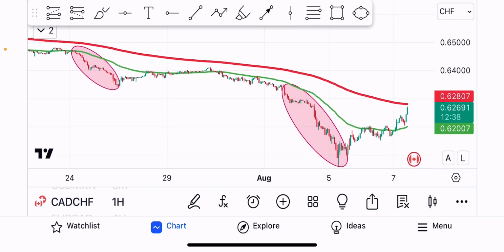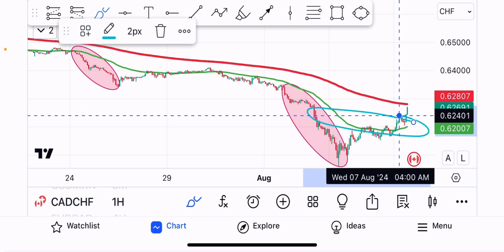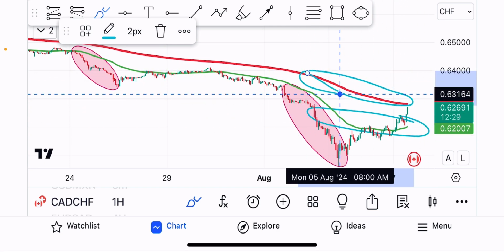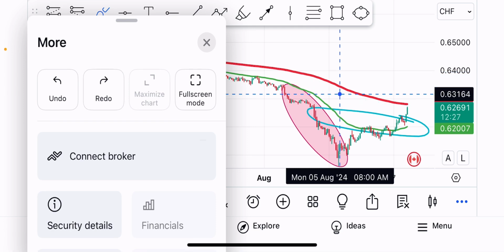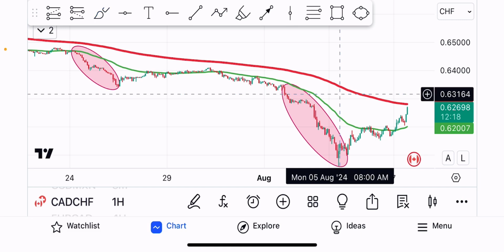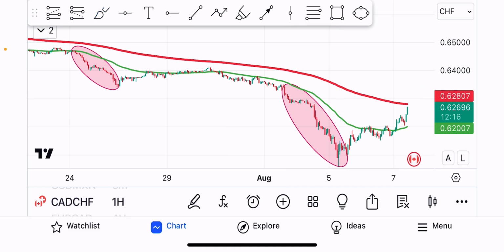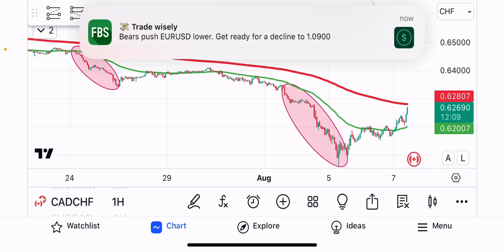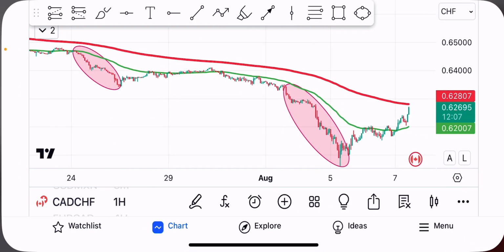By the way, I have two moving averages here. The green one is the 50 EMA, which is this particular one, and the thicker red one is the 200 EMA. Now I don't use these indicators to make a trading decision. What I mean by using an indicator to make a trading decision is like saying once price touches the 50 EMA, I sell, once price touches the 200 EMA, I sell.